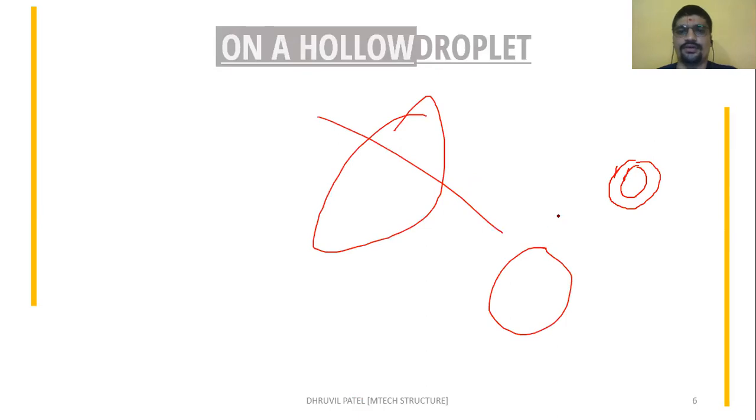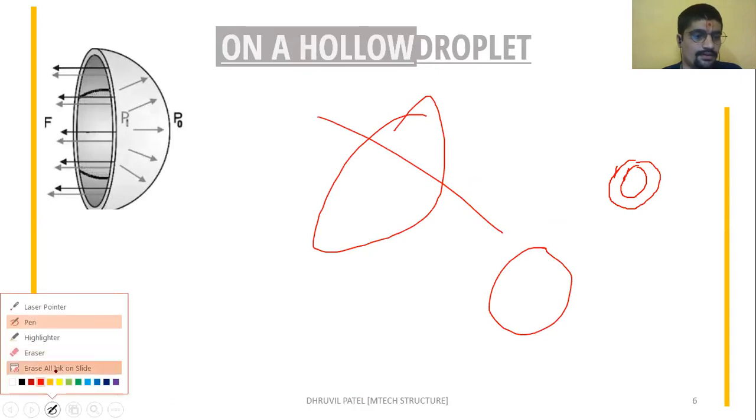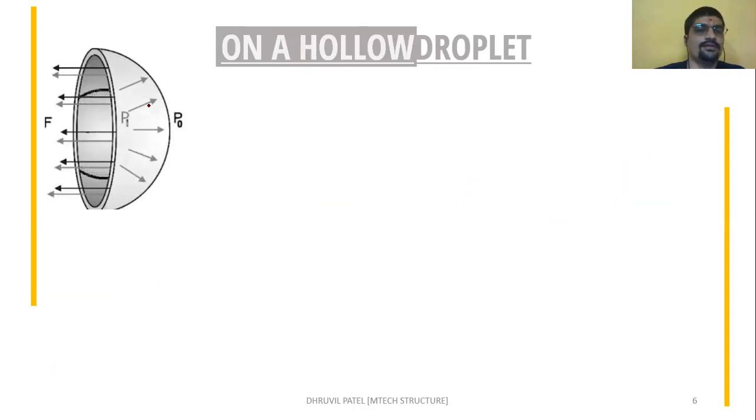Wait, I will erase all this so you don't get irritated. This is a hollow droplet. This is one type of droplet. The internal surface is this and the outer surface is this. So there will be two surfaces, and the surface tension will occur on two surfaces.